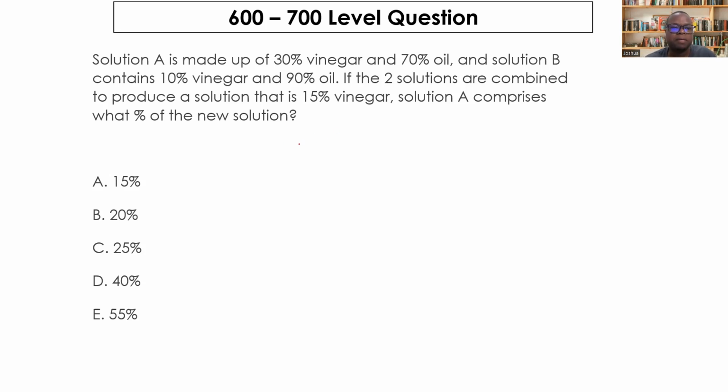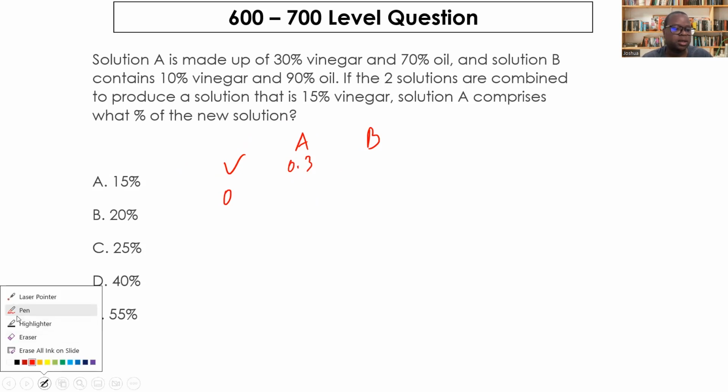So you have mixture, solution A, and you have solution B. Solution A contains vinegar and oil. So you have V, then you have oil. A contains 30%, which is more or less 0.3.